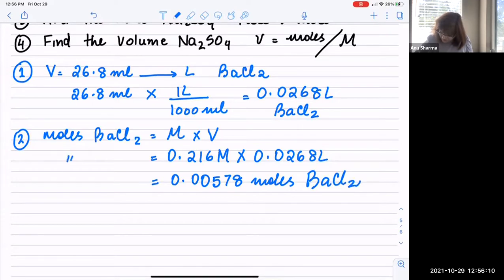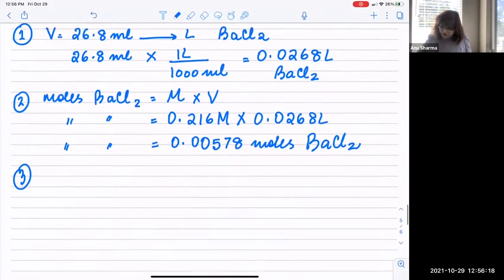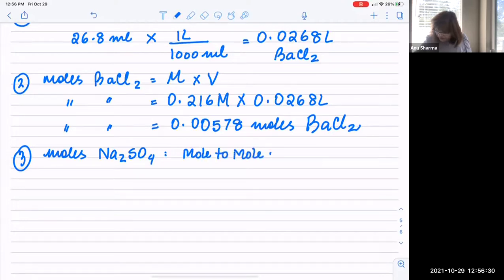Next, you convert the moles of BaCl2 to the moles of Na2SO4, which you find using the mole to mole ratio.